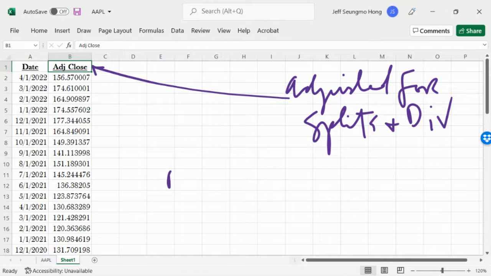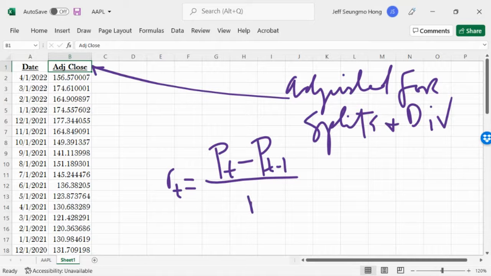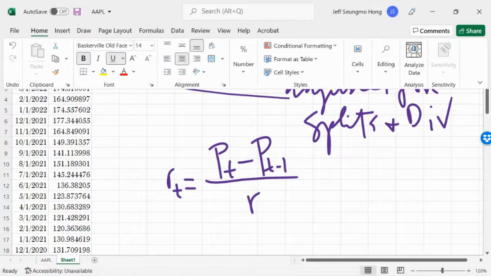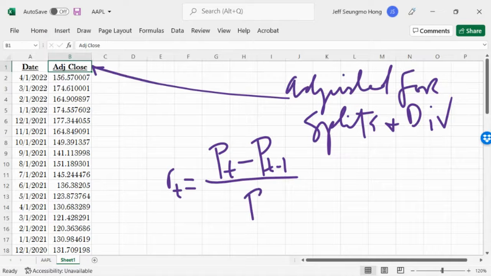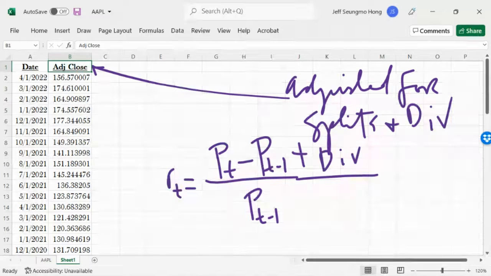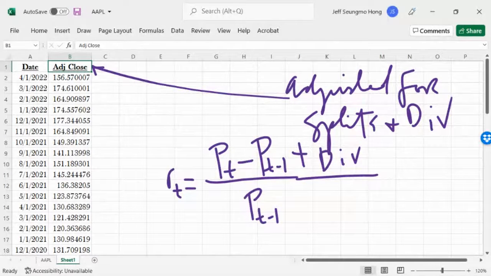Now think about it. The formula for a single period return, the monthly return, would be P_t minus P_(t-1) over P_(t-1). But in the month when there is a dividend, you'll have to do this. But then this is not going to be consistent, right?